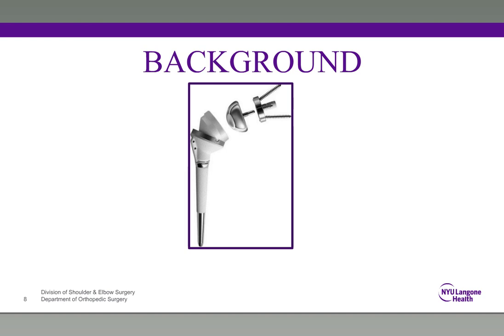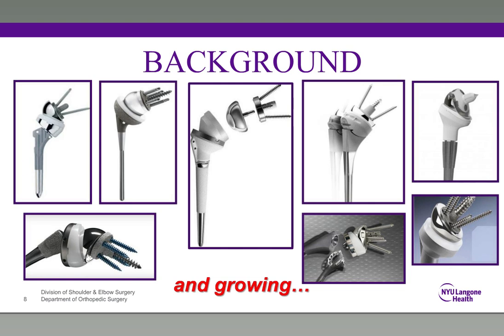So this is the initial Delta 3 designed by Paul Grammont, and since then, there have been many, many other prostheses designed, all of which utilize similar concepts that Dr. Grammont solved. At the latest count, I believe there are somewhere between 18 and 22 different reverse replacements around the world from various manufacturers.